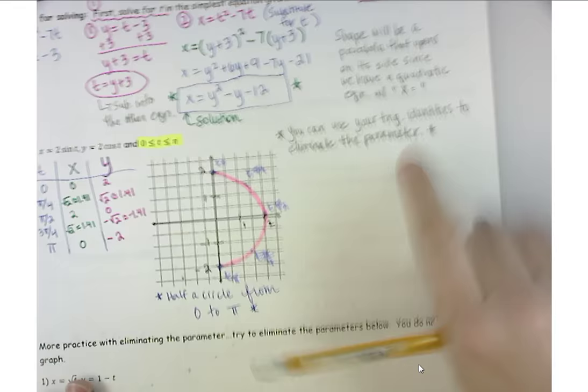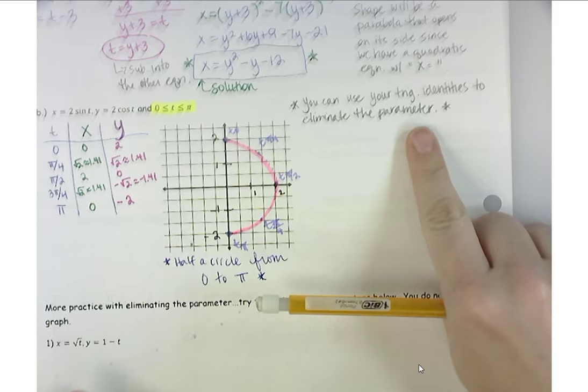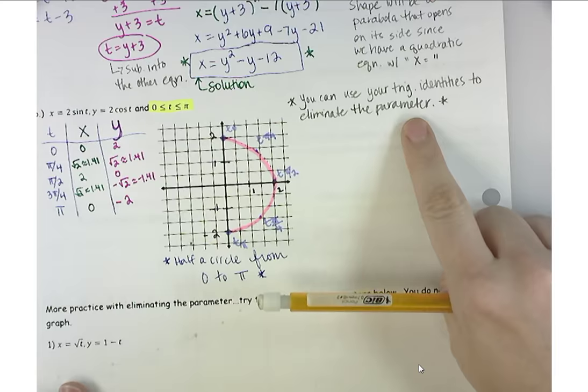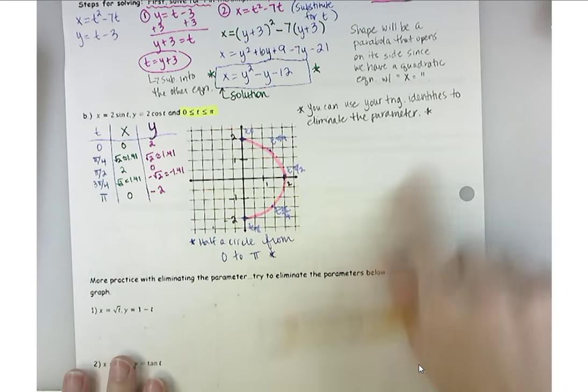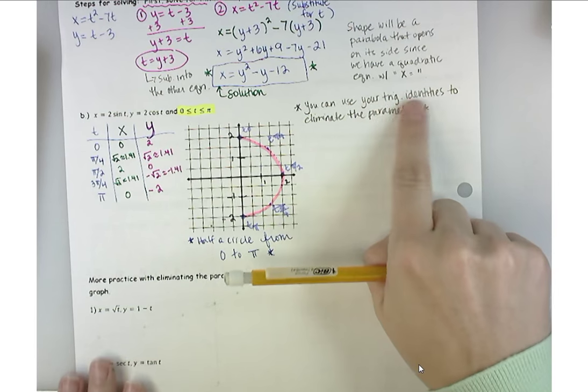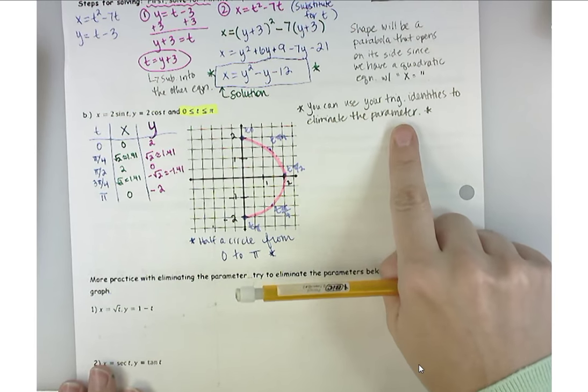This note is to help you. In a couple minutes you're going to do this on your own. Some people, when they tried to do it, weren't sure how I got all this work. Well, it's all because I'm going to rely on my trig identities to eliminate the parameter.